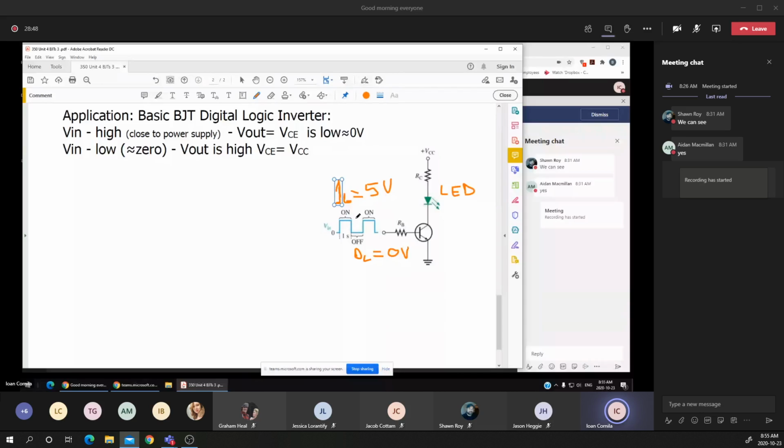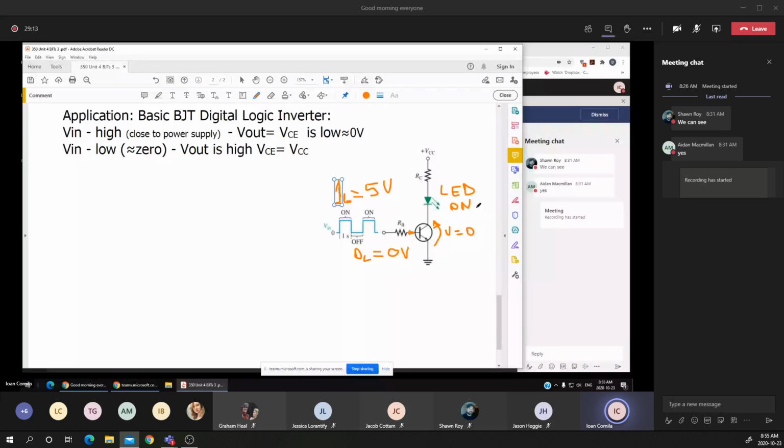And what is going to happen? I'm applying a current to the base. The voltage between the collector and the emitter is equal to 0, which means that the transistor will act as a closed switch, which means that the LED is on.